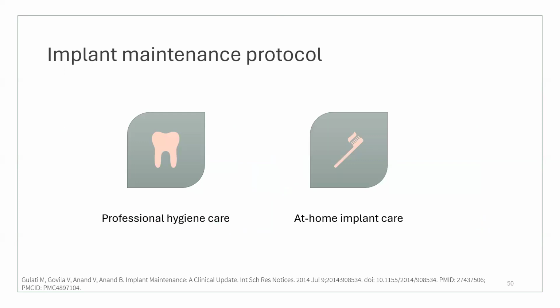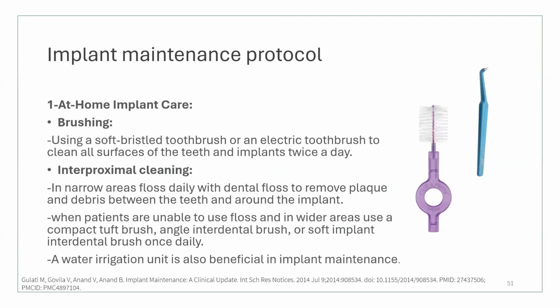Okay, so for the implant maintenance protocol, we have two protocols: the professional hygiene care at the clinic and the at-home implant care. The at-home implant care includes brushing using soft brushes, or for patients who are medically compromised or struggling with the conventional approach, they can use electric toothbrushes to clean the surfaces of the teeth and implants.